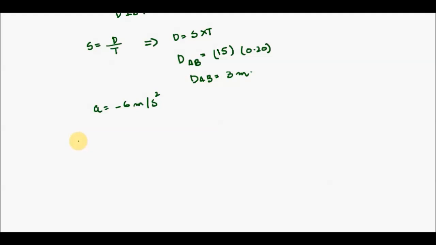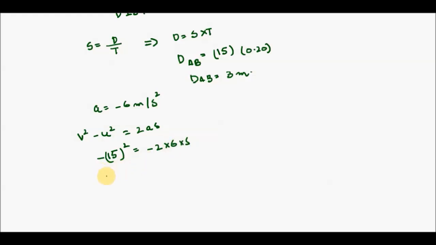From our third equation of motion, I can write v square minus u square will be equal to twice as. Now since its final velocity will be equal to 0 because the car has finally stopped, its initial velocity was 15 meters per second, so I can write something like this, and since acceleration is negative, I can write it like this, and distance will be as it is.